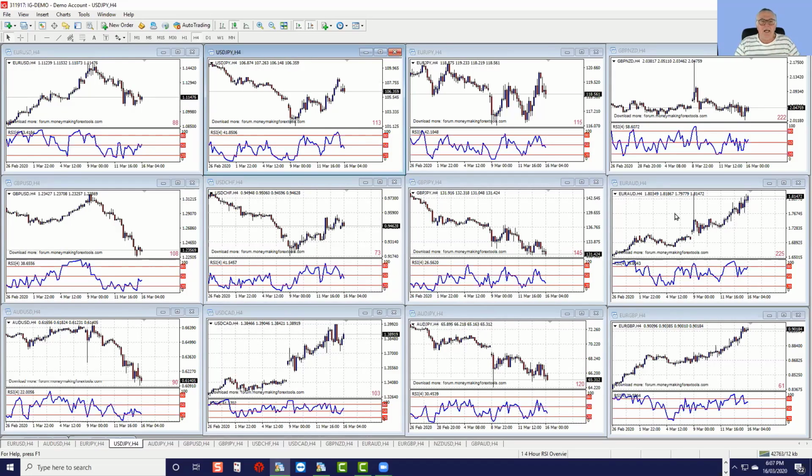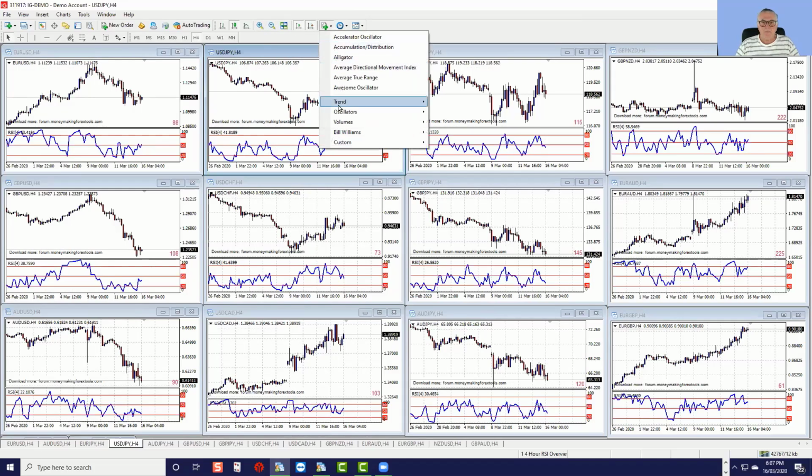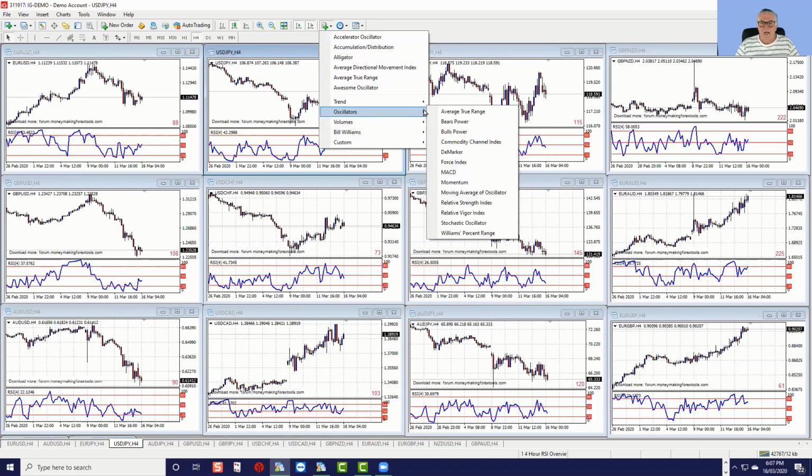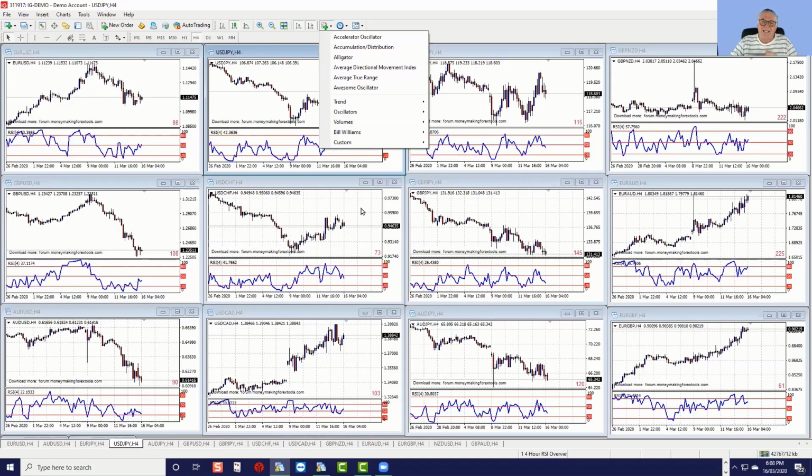And the RSI, if you look at the indicators, if you click on the indicator icon, you'll see that the RSI lives in the oscillators classification. It's an oscillator. Oscillators are the ones that like sideways markets.